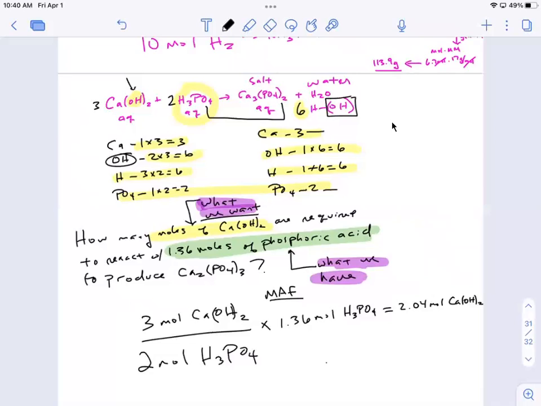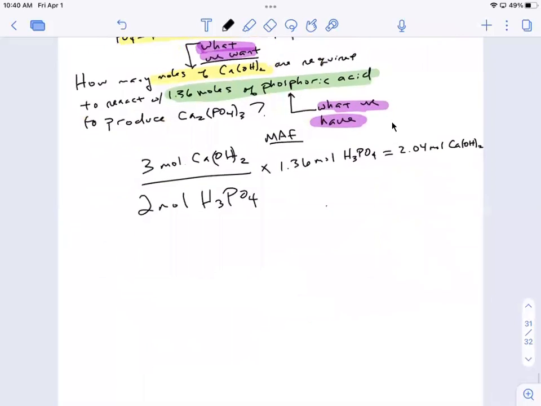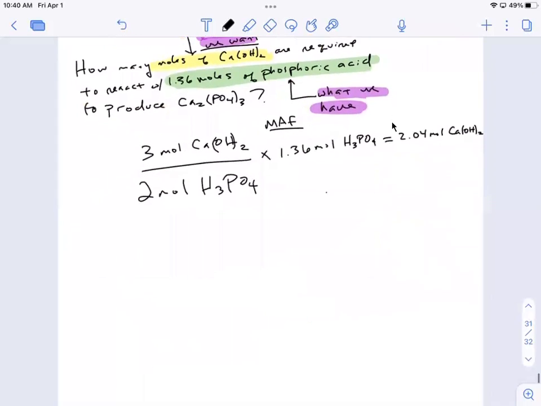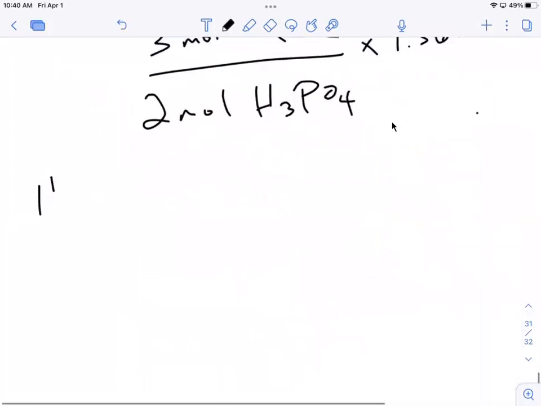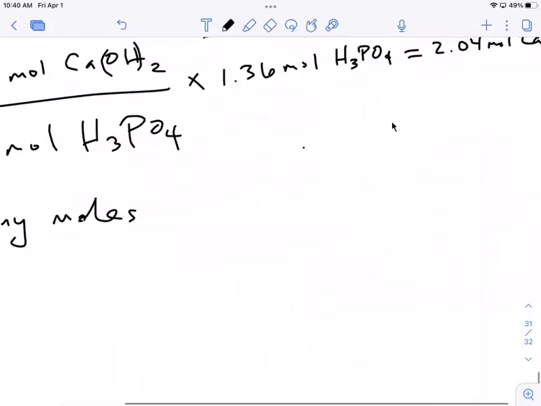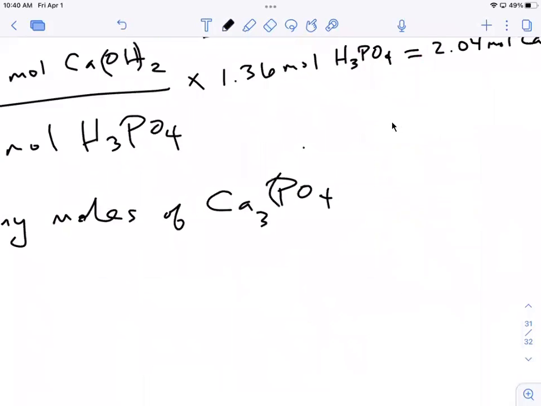All right, let me extend the question. How many moles of calcium phosphate do we get from 1.36 moles of phosphoric acid? So we're going to ask that question.